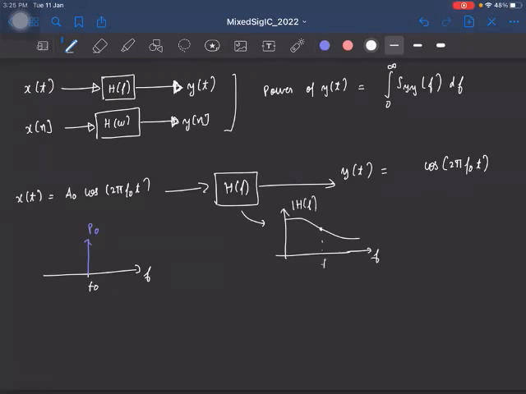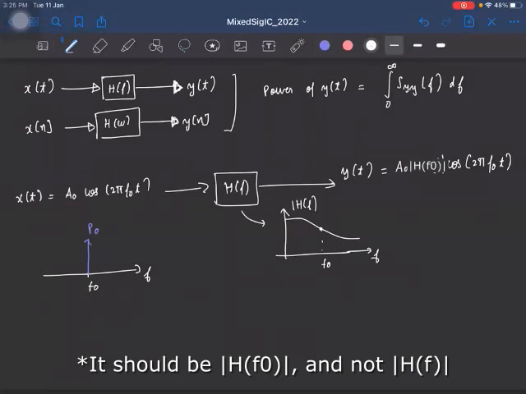Let's say this is my frequency f naught. So what will happen to the magnitude? The magnitude of the sinusoid, that is A naught, will get scaled by this value, right? So at the output, the magnitude of the sinusoid will be the input amplitude, A naught, times mod H of f.